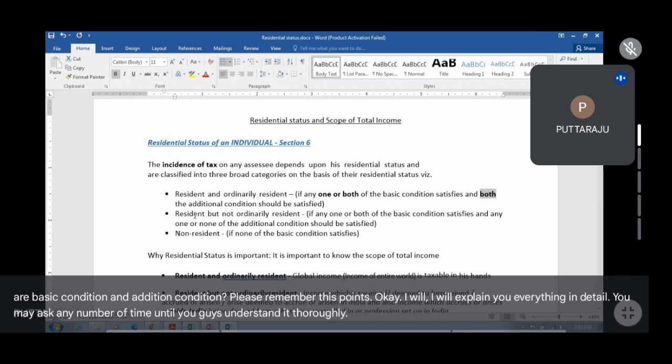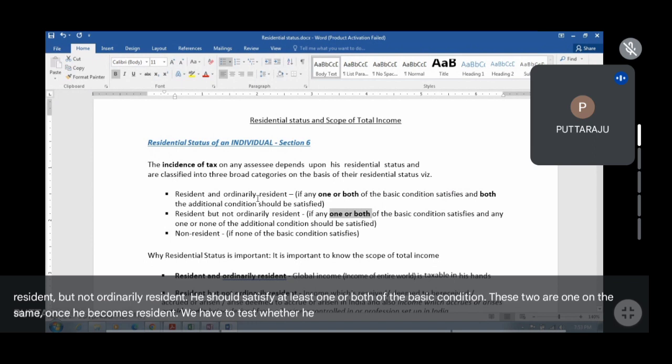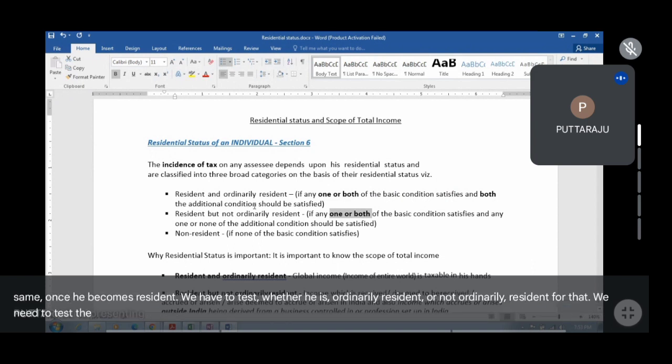Okay. Next, to be called resident but not ordinarily resident, an individual should satisfy at least one or both of the basic conditions. These two are one and the same. Once he becomes resident, we have to test whether he is ordinarily resident or not ordinarily resident. For that, we need to test the additional conditions.